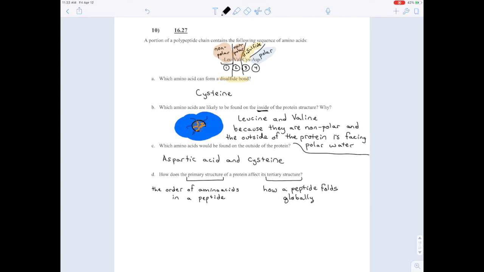So the whole big thing, not just wrinkling in local places, but the whole big thing folding over.